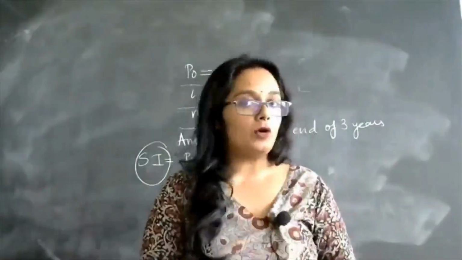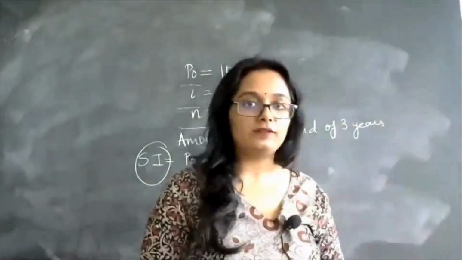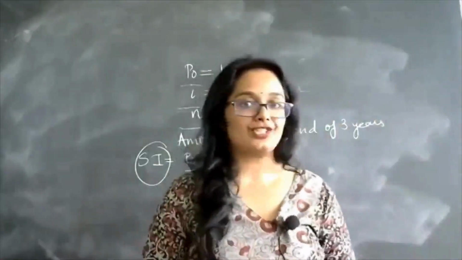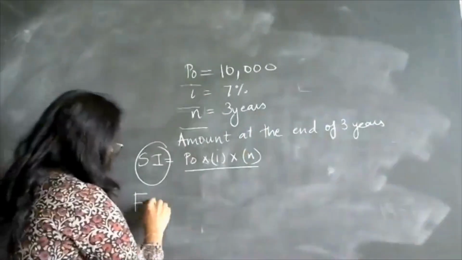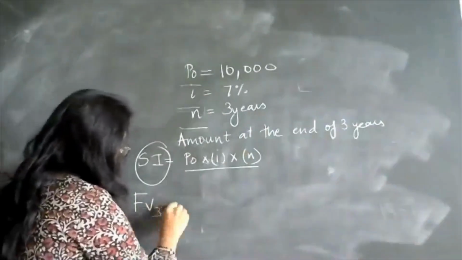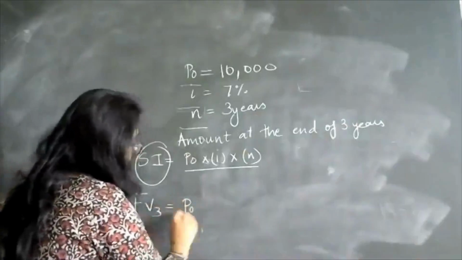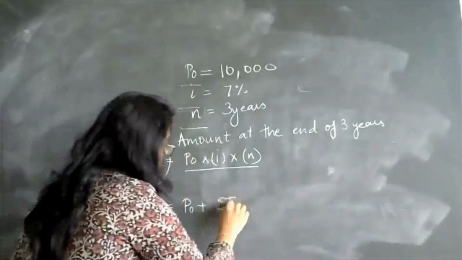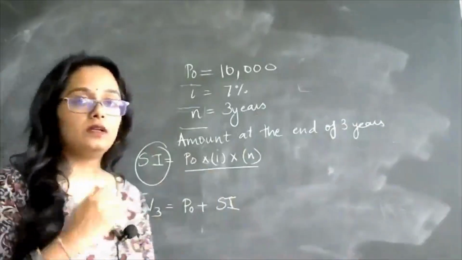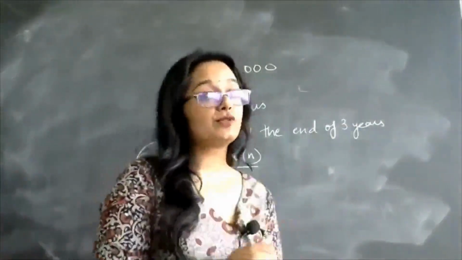Your total amount will be the principal amount which you have invested plus the interest, isn't it? So basically your future value at the end of 3 years is going to be principal amount plus simple interest. This is going to be your total value. Now let us try to solve this problem.